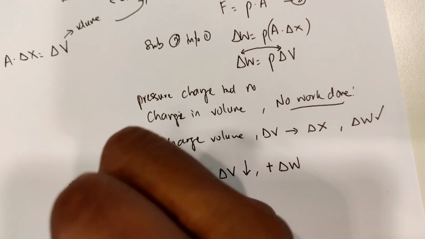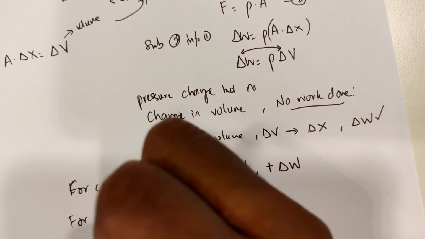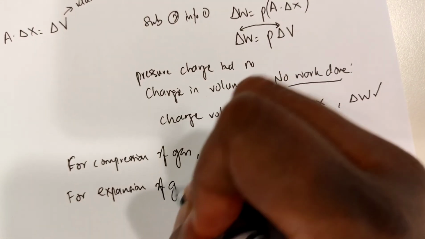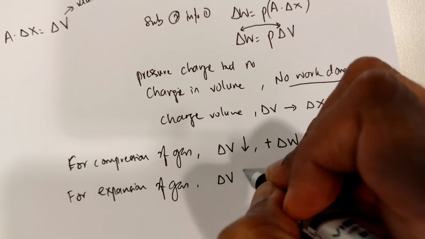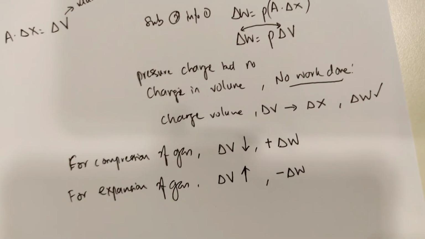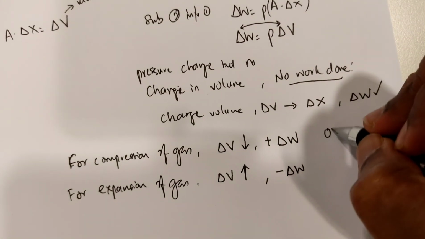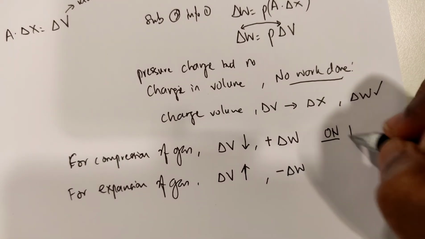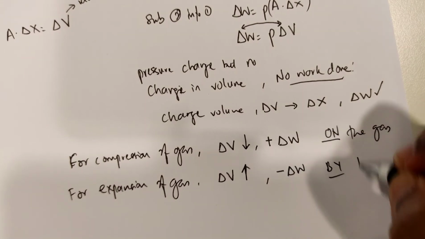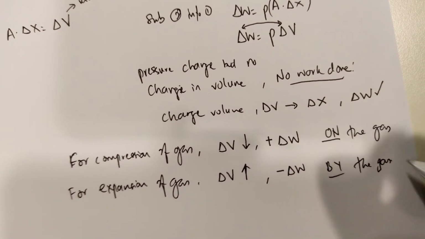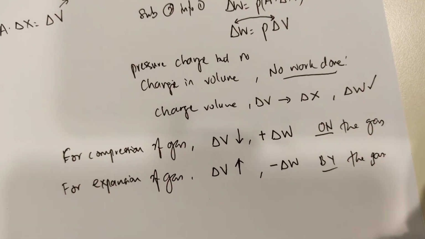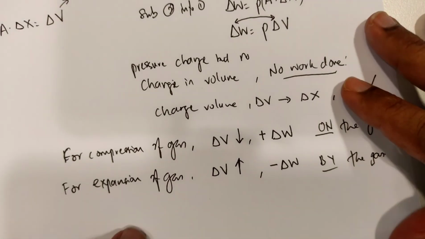For expansion of gas, delta V is increasing, and delta W is considered negative. We use the terms work done on the gas and work done by the gas. We will look at examples when we discuss the past paper questions.